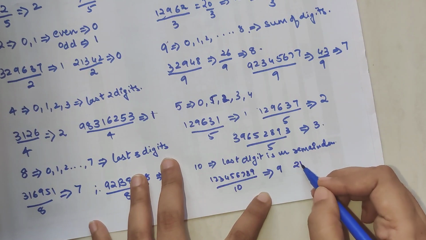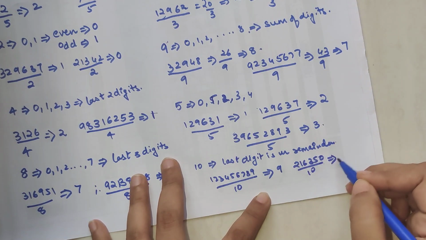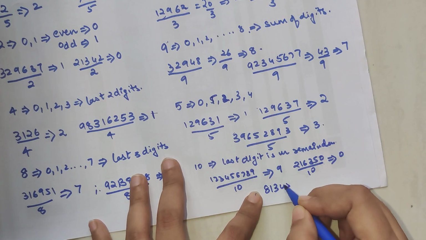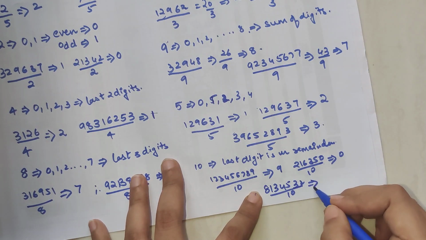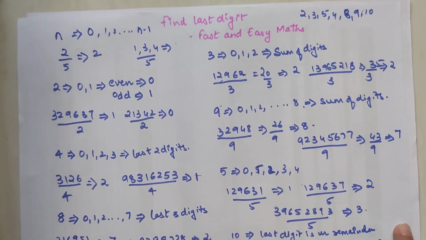If I had given you 216350, my last digit is 0, so the remainder is 0. 82134532. Last digit is 2, so the remainder is 2. Okay, so you saw how easy this entire thing became.